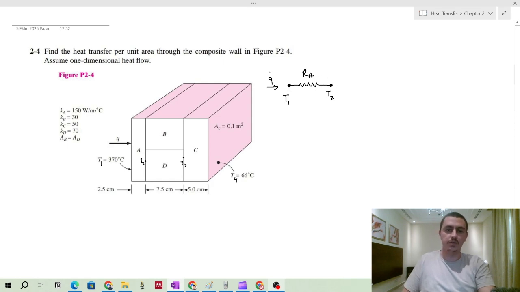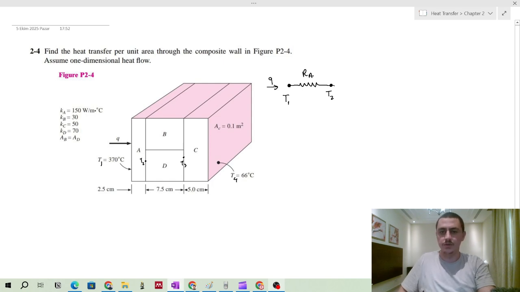But we also need to find Q. We cannot go straight forward and find T2 before we find this one. So we will take an overall balance. We will find between 1 and 4 the overall resistance and find Q. Then using that Q, we can also find the interpoints.